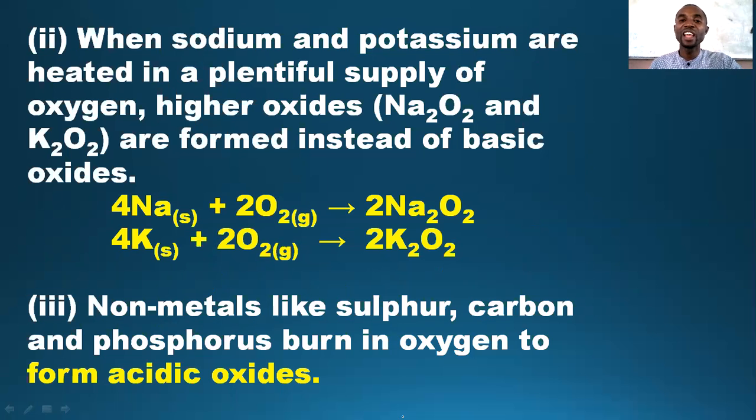When there is a plentiful supply of air, instead of the oxide, it will form the peroxide. So that is one of the behaviors of these reactive metals. Another thing is that non-metals like sulfur, carbon, and phosphorus burn in oxygen to form acidic oxides.